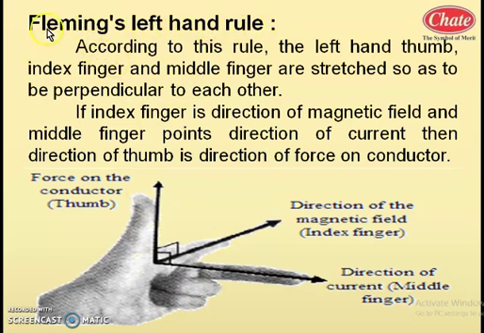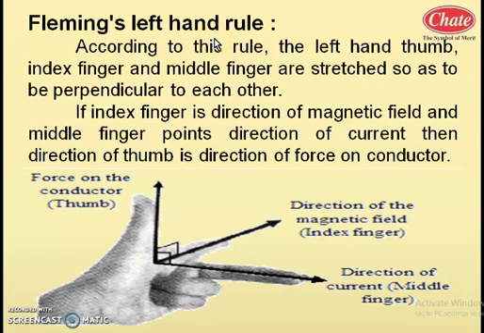By means of Fleming's left hand rule, we can get the direction of the force acting on the conductor carrying current placed in a magnetic field. I will read this again and again. Fleming's left hand rule gives the direction of force acting on a current carrying conductor placed in a magnetic field.